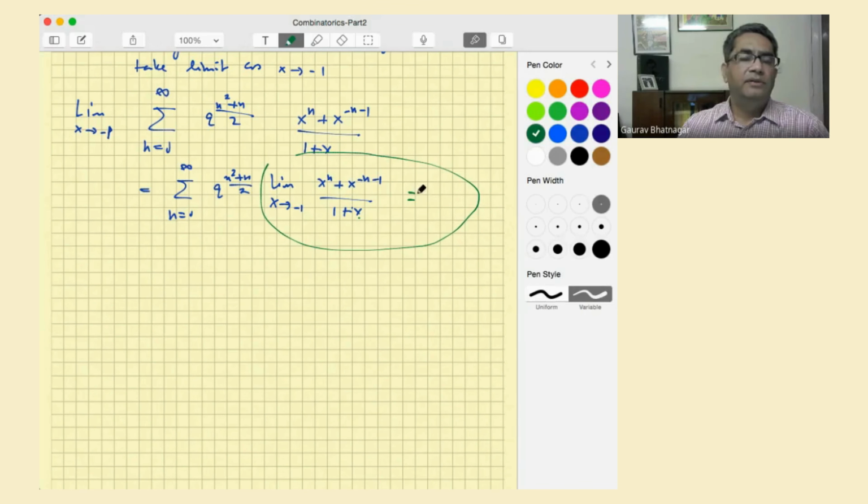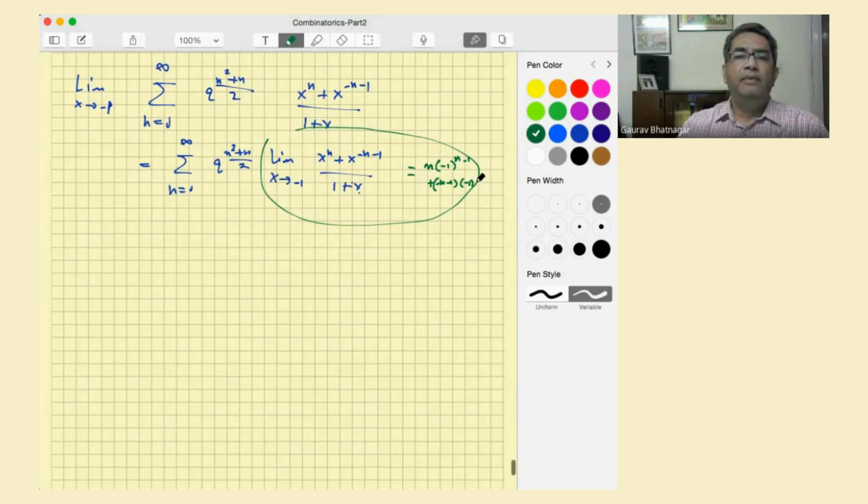which is what do you get? You get n times x to the n minus 1 replaced by this. So this plus minus n times minus 1 raised to the power n minus 2.